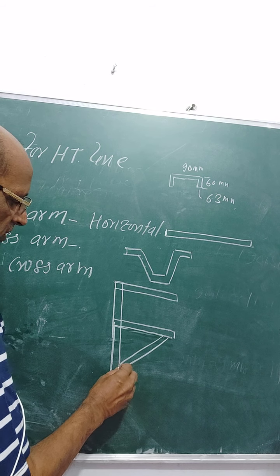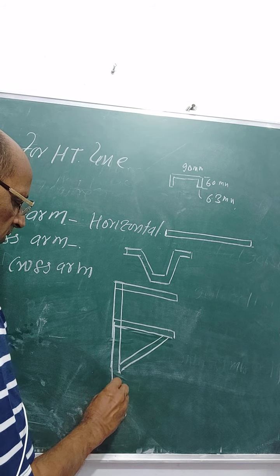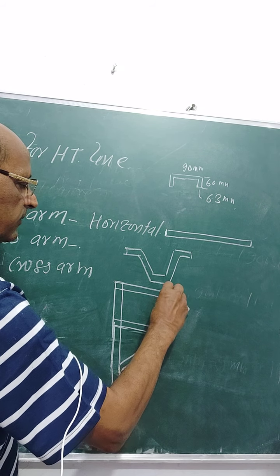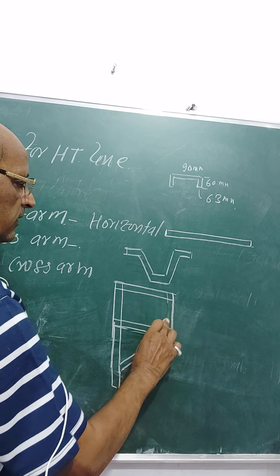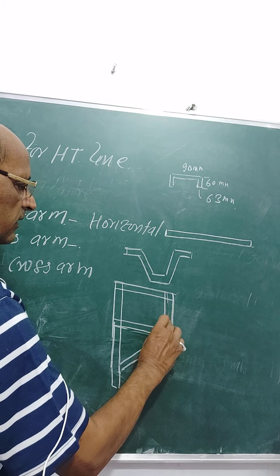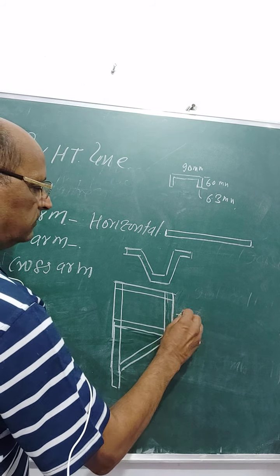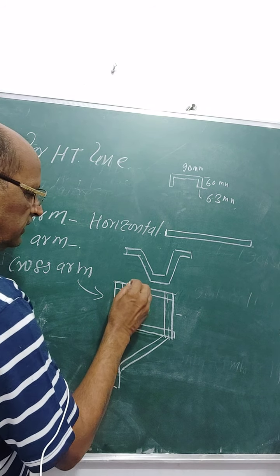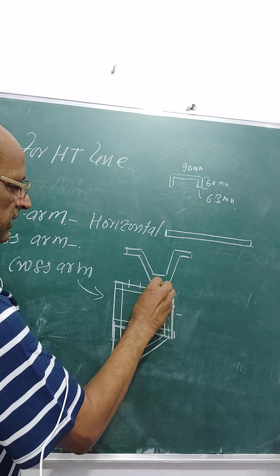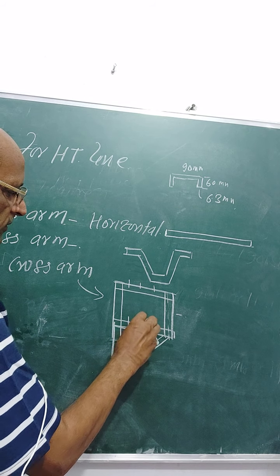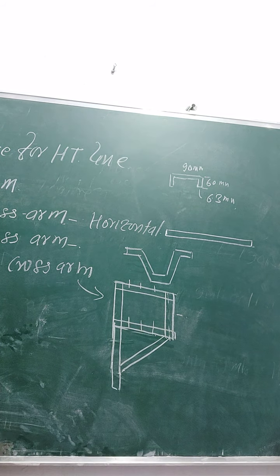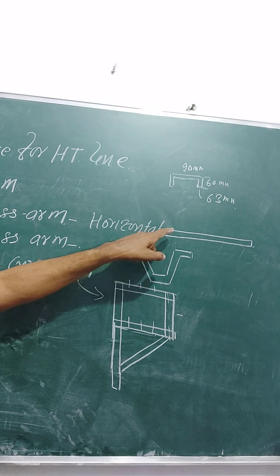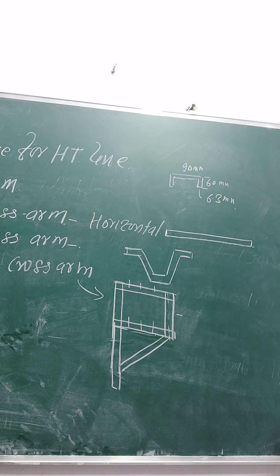This bracket cross arm is made up of angle irons. This is bracket cross arm. So naturally we install insulators on these points and we can run a double circuit. This is used for single circuit, this is also used for single circuit.